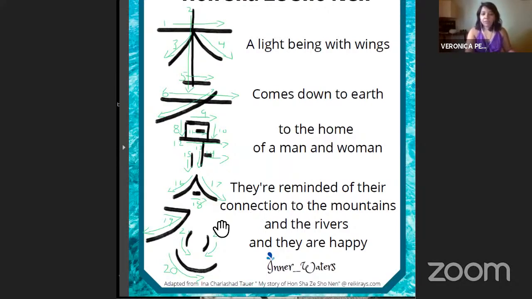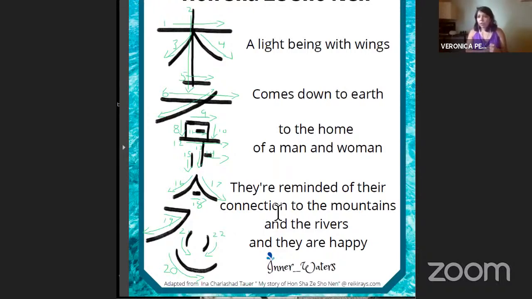And the rivers. So here we have our river. The seven just reminds me of a river, and they're happy. And so again, for me, it symbolizes what the symbol is all about, and just remembering, bringing that balance and moving forward. So this is what helps me remember just what this symbol looks like.